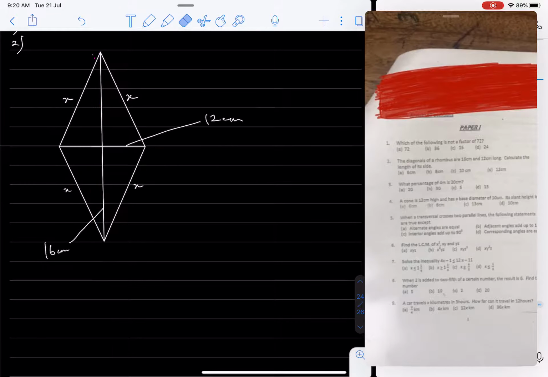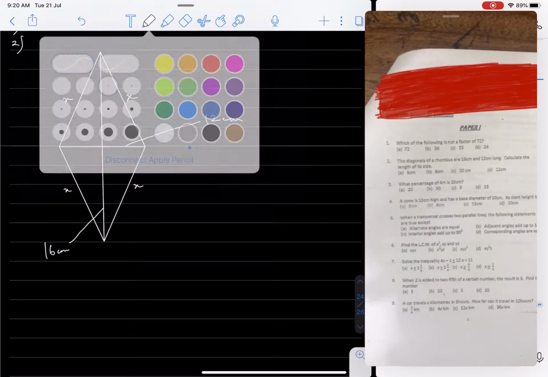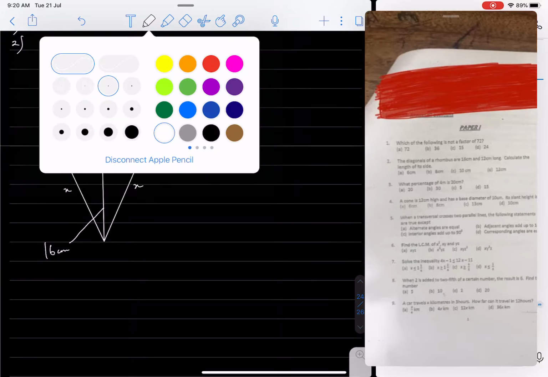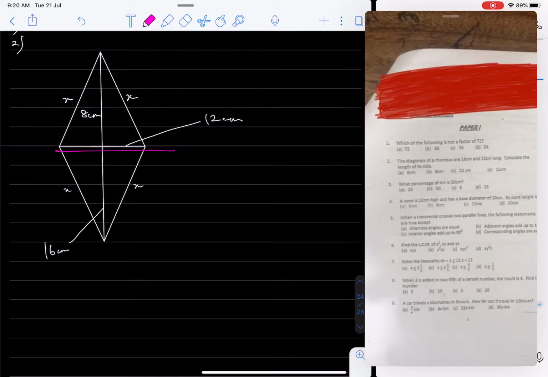If this diagonal is 16, half of it is 8, because the diagonals of a rhombus bisect each other. And if this diagonal is 12, half of it is 6, which means from this place to this place is 6 centimeters.